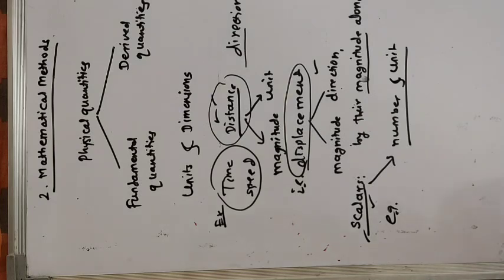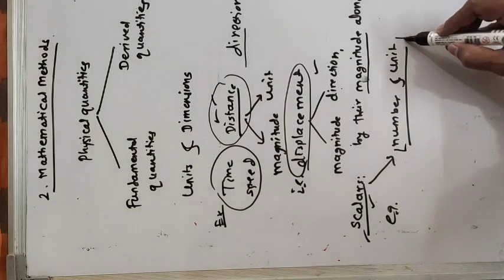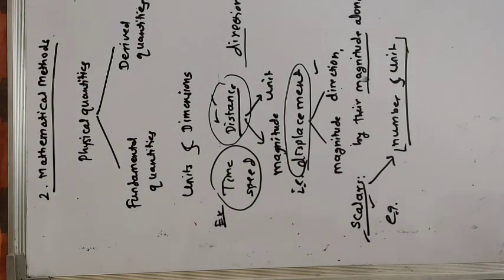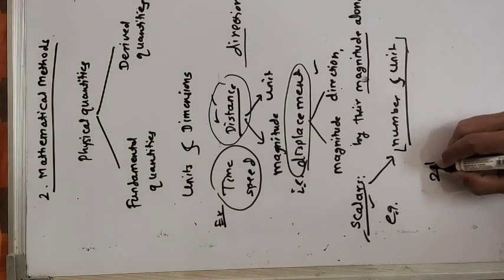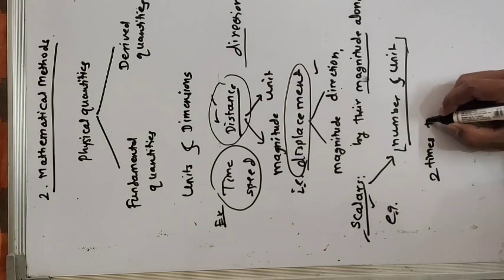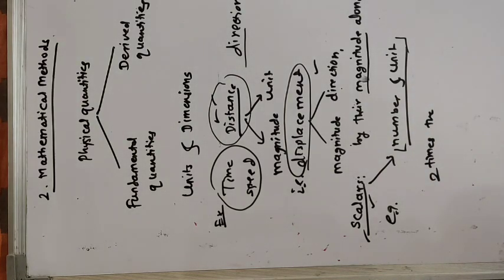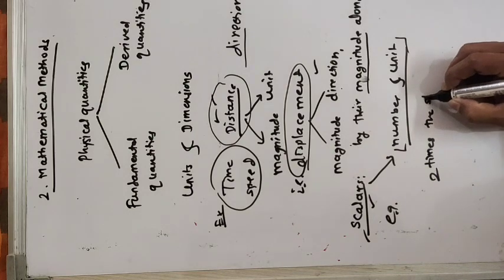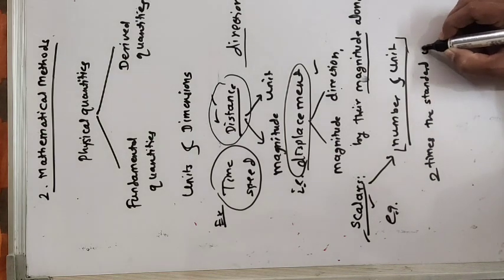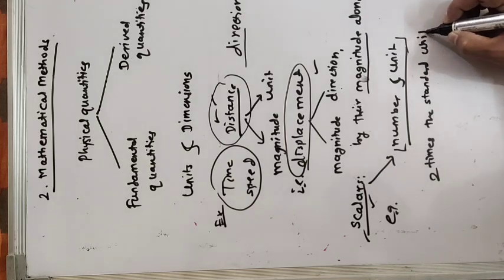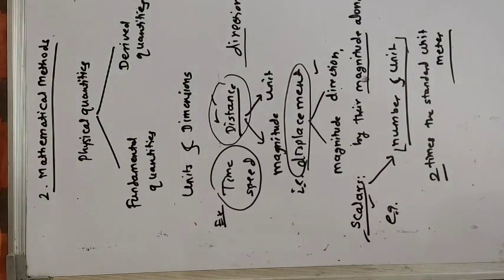Now, by taking an example, how they are specified: if you are given a metal rod which has a length of 2 meters, it means the rod is two times the certain standard unit, the meter. That is, 2 meters is the length of the metal rod.